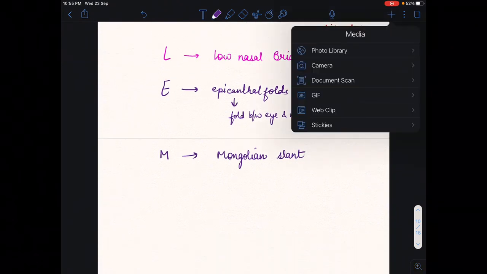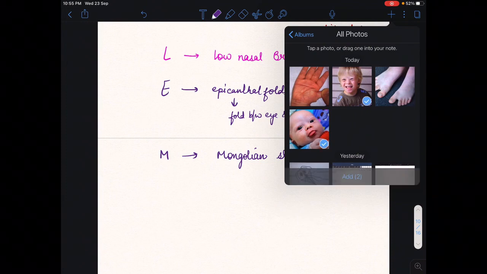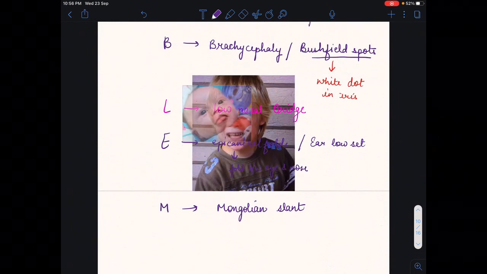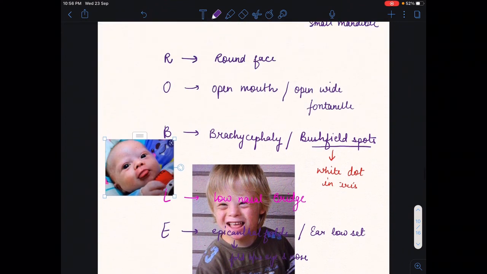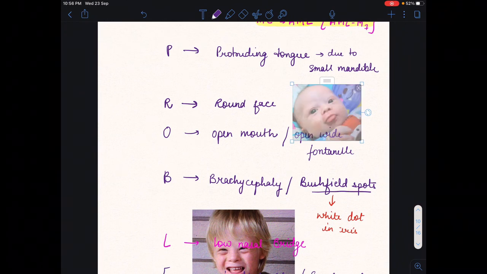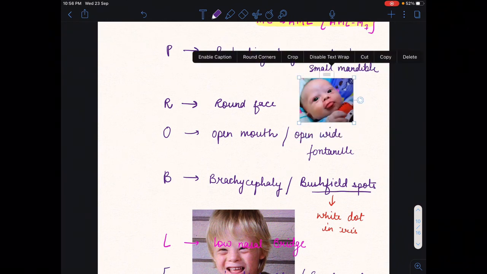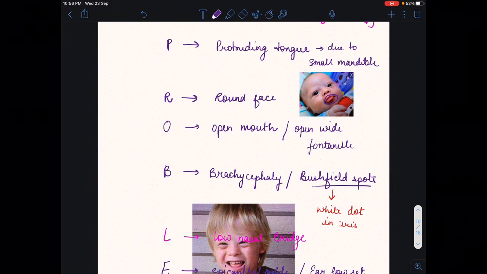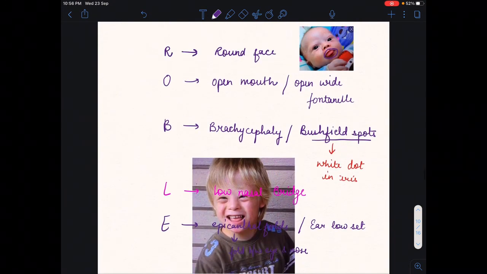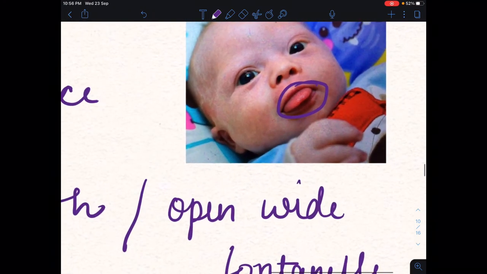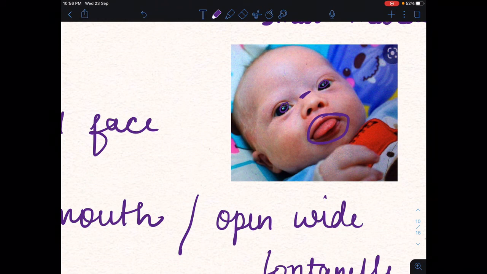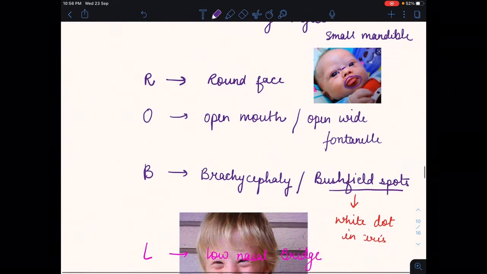So I will show you one photo. As you all see in this photo, there is a protruding tongue, the face is round, and the mouth is open. There are Brushfield spots, meaning white dots in the iris, and a low nasal bridge and epicanthal folds between the iris and the nose, and there are Mongolian slants.